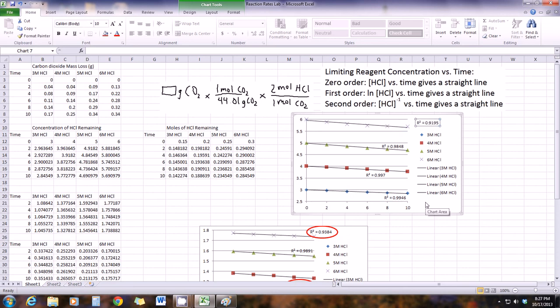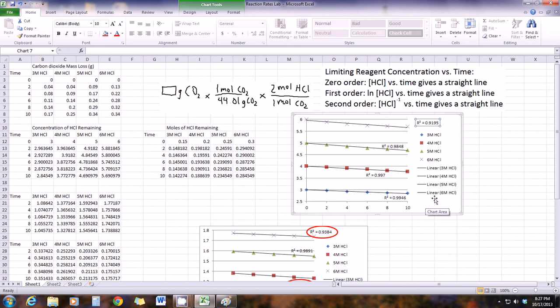Now, the R-square value, I don't know if you've talked about this in class, or how in-depth you've gotten into this particular unit, but the R-square value basically tells me how close the data is to that best fit line, that trend line that I added to the data. The larger the R-square value is, or the closer it is to 1, the more like a line that data is.